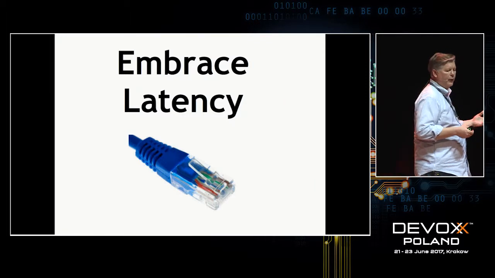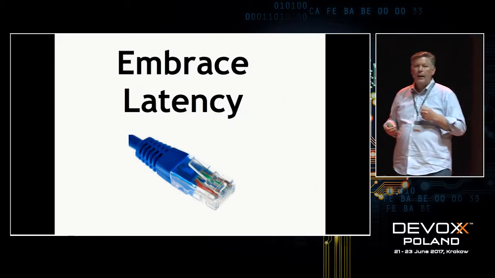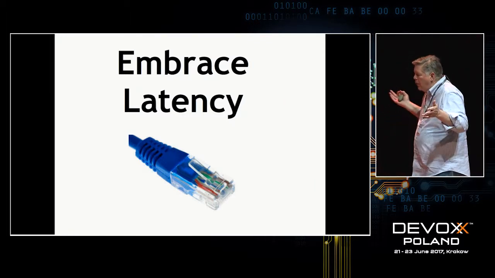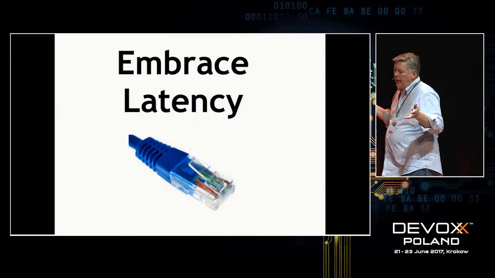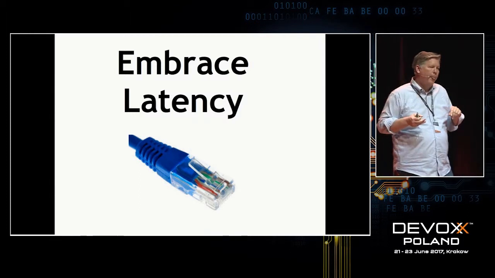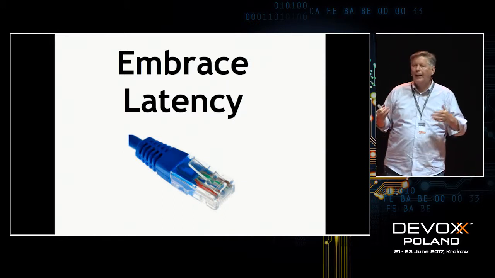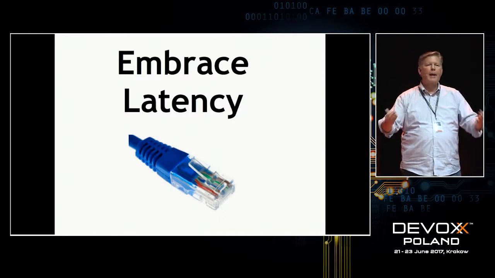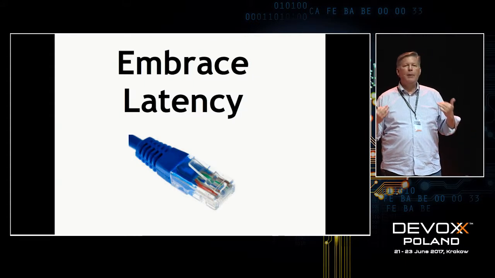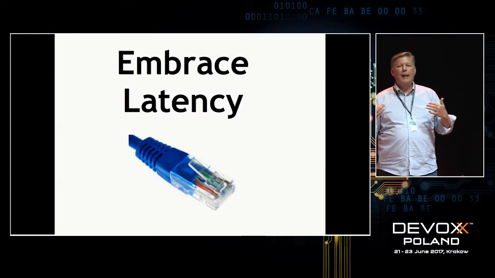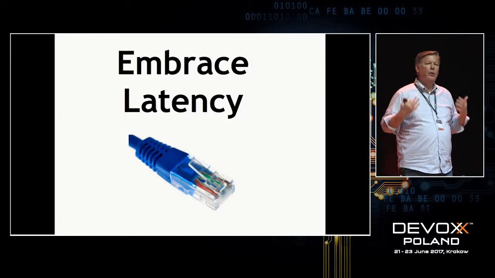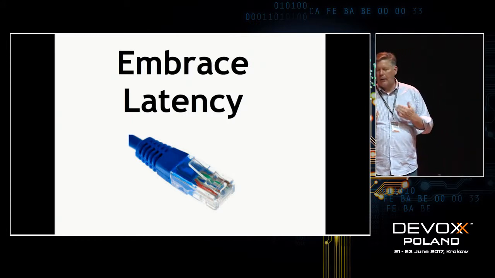Is it clustered, or is it single instance, single node? We don't know. But one thing is for sure, if we design for latency in our software, latency will not have a limiting and devastating impact to the operation of our software.